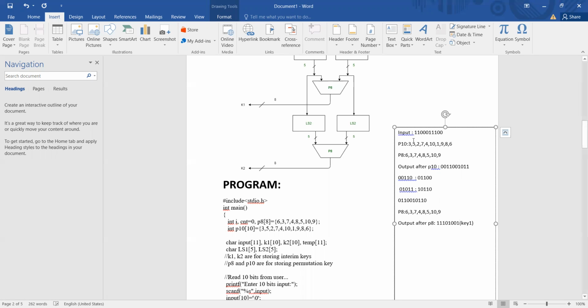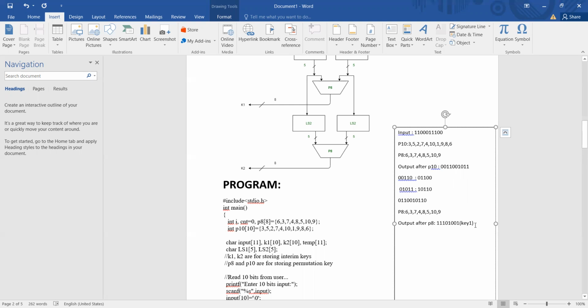We have to follow the same steps from first to last to generate key 2, but there is a difference: here we are doing the left shift only once, but to generate the second key, we have to do the left shift twice on each part.